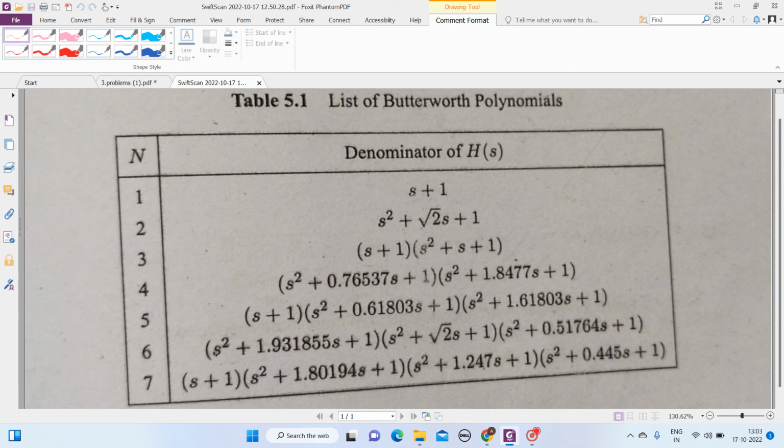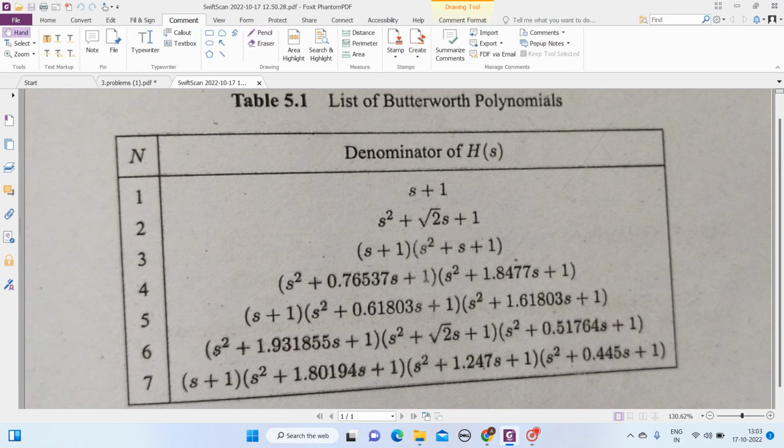Actually, these are one part of the transfer function. What is the transfer function? H(s) is an analog transfer function, right? H(s) is a ratio of numerator divided by denominator.